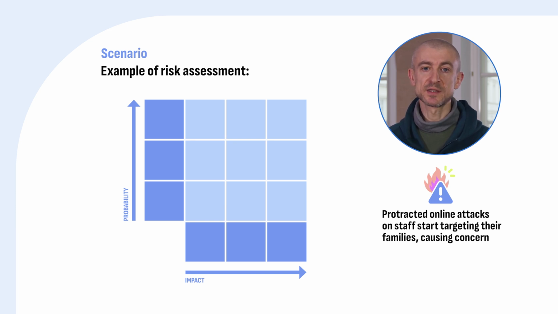Given their increased exposure to this, we would assess the probability that such incidents occur as high. We would also say the impact of this threat is medium, as it would be quite disruptive for the work of the organization, but we know that staff members are starting to prepare for it. Overall, we would assess this risk as quite high.